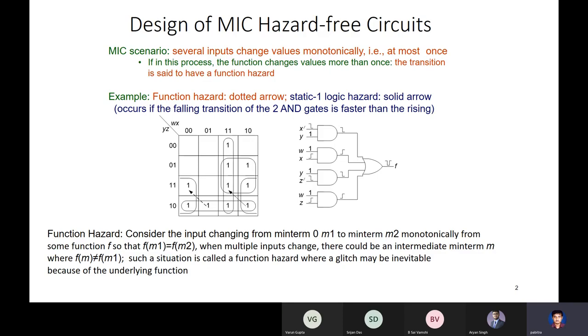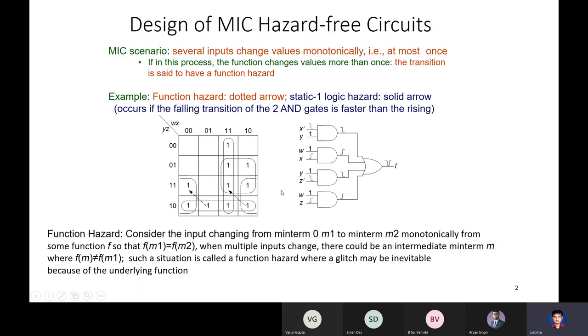So maybe initially the values of the variables are, let's say, 0, 0, 0, 0, which we call the source value, in our terminology M1, the initial minterm. And then you have a final minterm M2, which is, let's say, 1, 1, 1, 1. So all these 4 inputs can change.